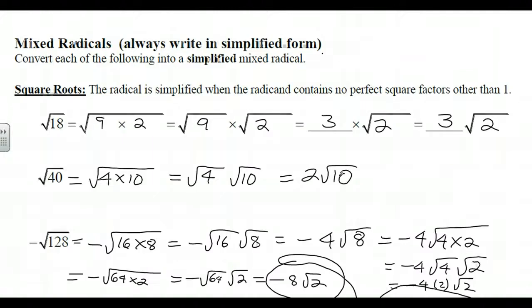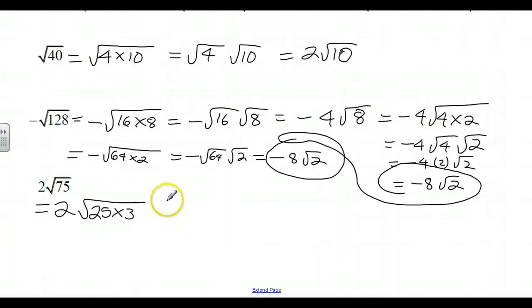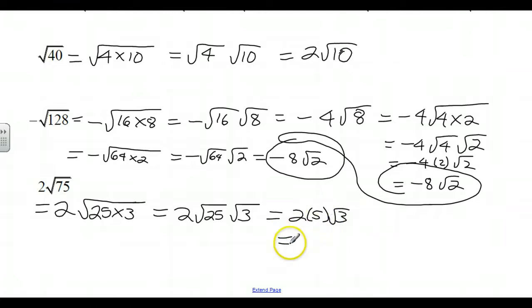If it's not one of those, then you aren't going to use it. So that's 2 times, and now the root of a product becomes the product of the individual roots. And this is 5, and 2 times 5 is 10, so we have 10 root 3.